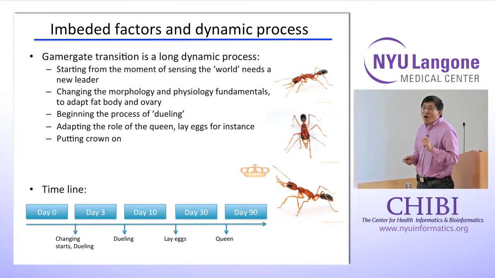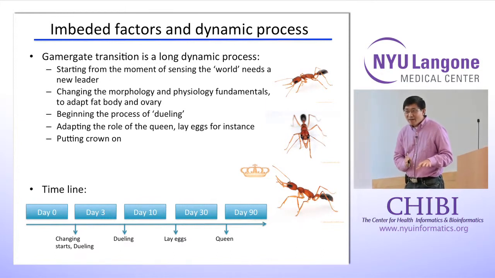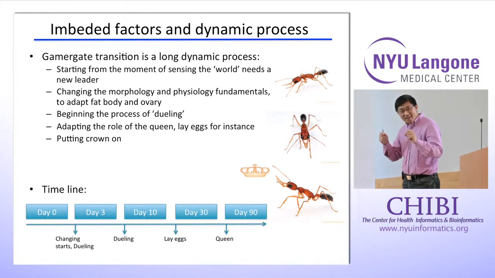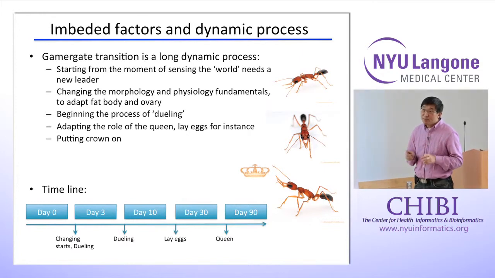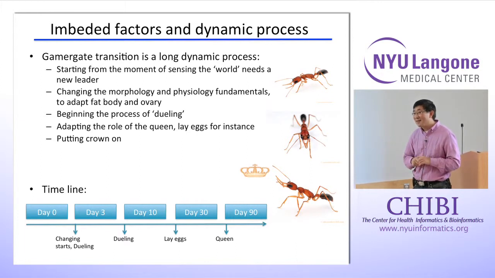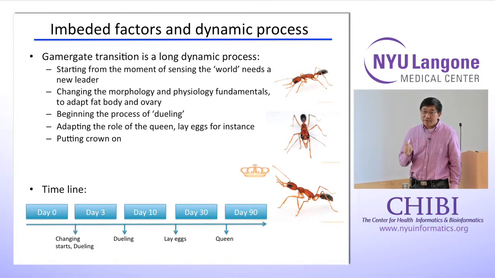This winner will be the solo queen for this colony. So what was a worker now transitions its role to a reproductive queen. This type of process is a perfect process for studying epigenetic control, because the exact same animal switches role in this process without changing a single code of the genetic information.